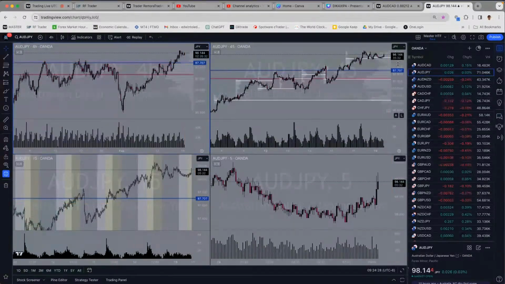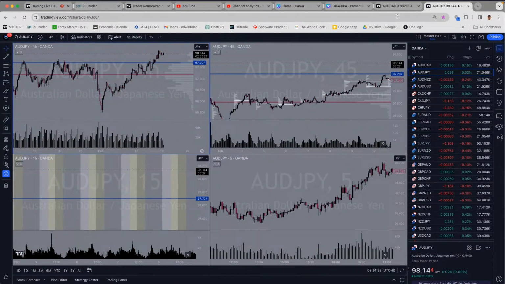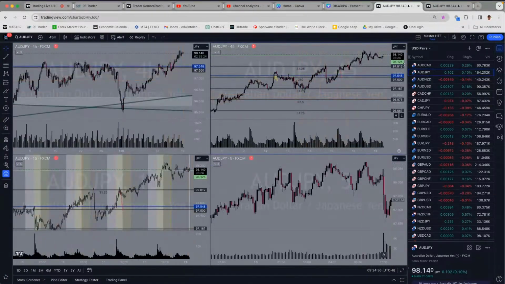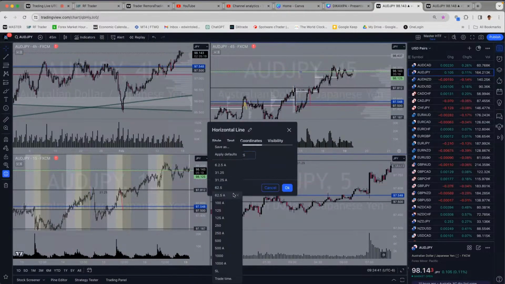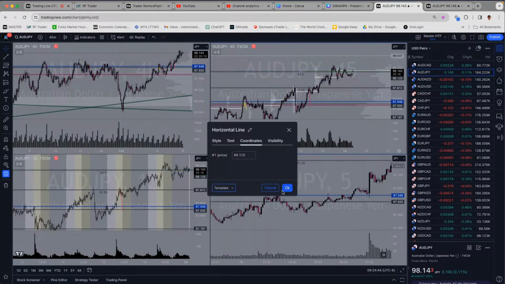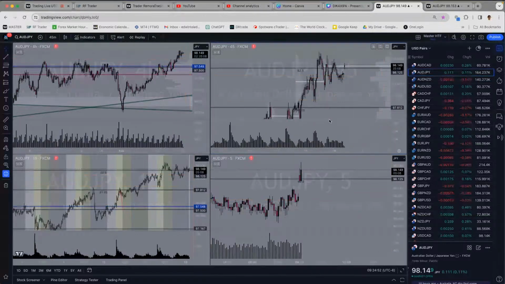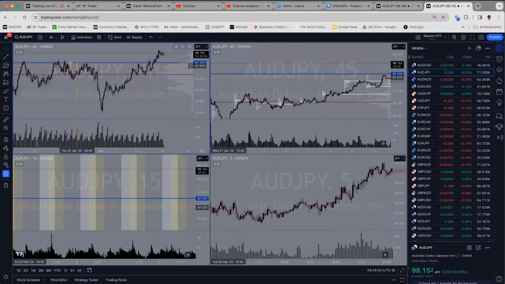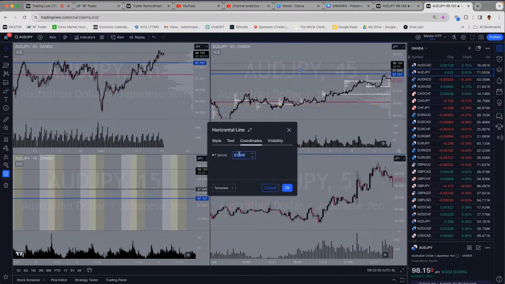How about AUD JPY? Let's see something really quick on AUD JPY. It's 98.125.